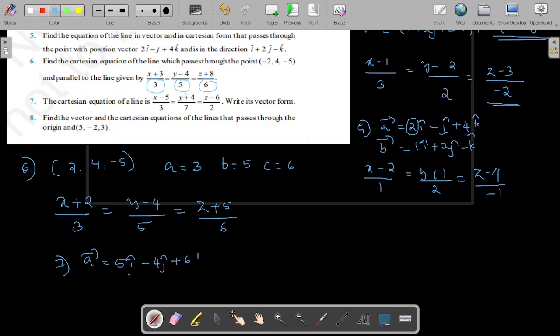Next plus 6k cap, because z minus z1, in the place of z1 you have 6. Then b vector equal to the vector corresponding to the direction ratios, so 3i cap plus 7j cap plus 2k cap. Now you write the vector form as r vector equal to a vector plus lambda times b vector.